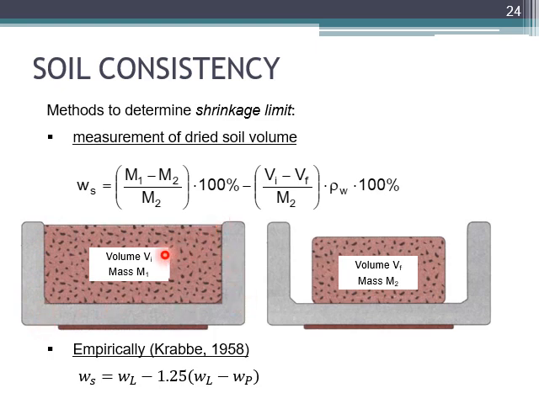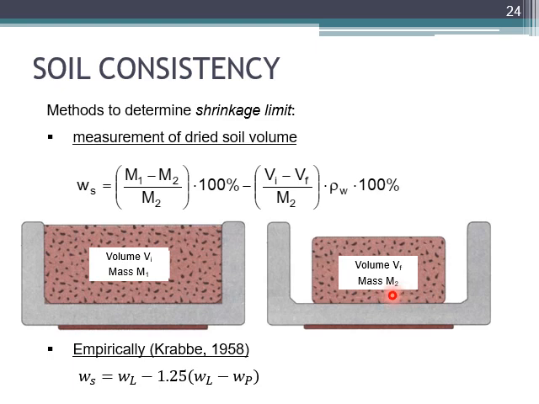The volume of the sample then is expressed as V1, and the initial mass of the sample is M1. Then we put the sample into the oven, and we are gradually drying it. And in the meantime, we are checking how the volume and how the mass are changing during this process.